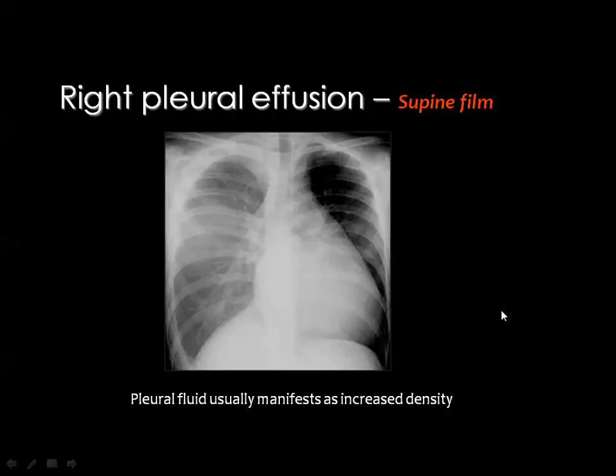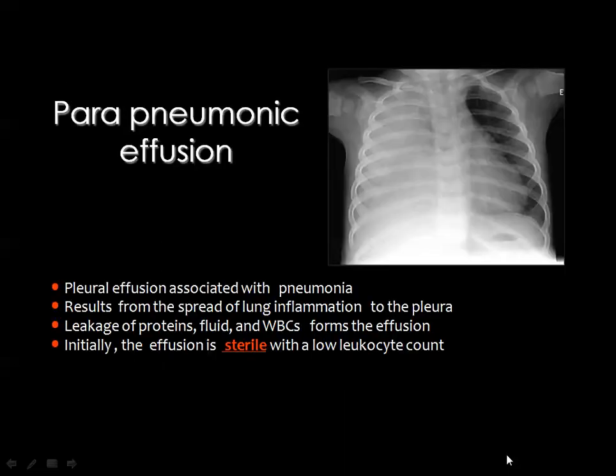you have an X-ray in the supine position, and in this case, if the patient had effusion, the effusion will spread underneath the lung, and it will give this very characteristic appearance, which is veiling of the hemithorax. Then, if you know that this is a supine radiograph, then you know that this should be due to the presence of pleural effusion.